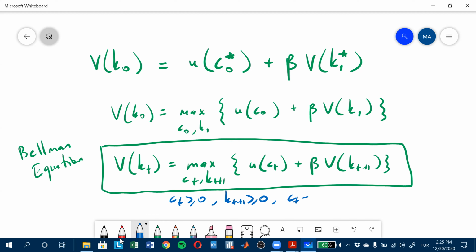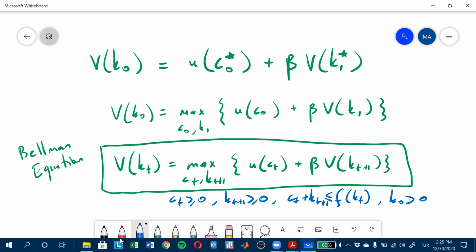These constraints are there, don't forget them. And K0 is given. Now I expressed my problem in a very different way, but it is still the same problem.